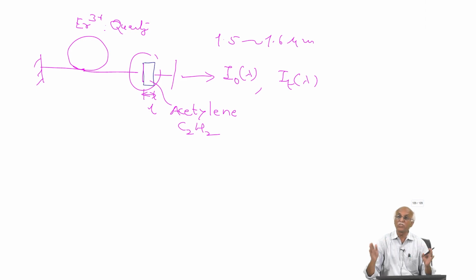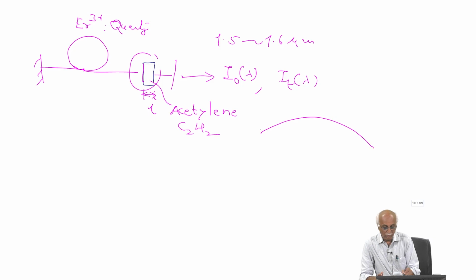So, if I change the cavity length, it will have multiple modes, right. So, we already learned that this laser medium has a very broad gain bandwidth from, let us say, 1.5 micrometer to 1.6 micrometer.